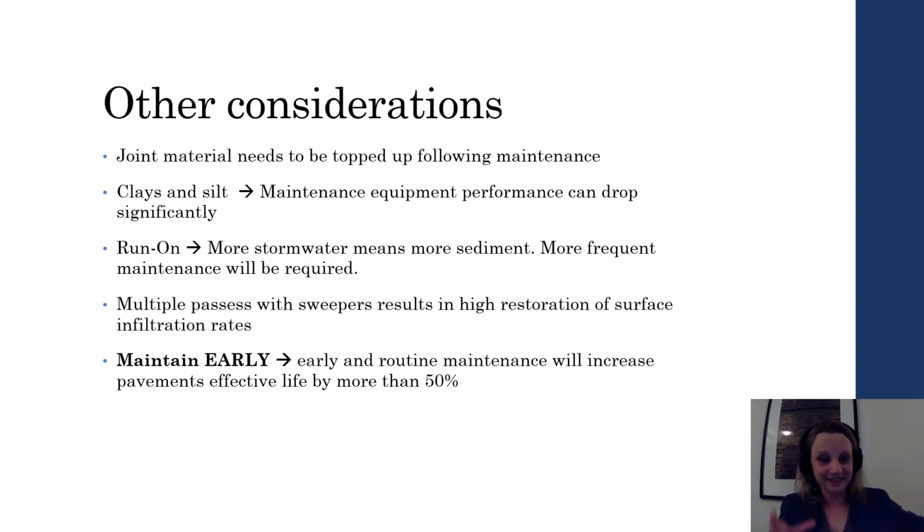And we did a similar kind of follow-up study on this, and we were able to see that the pavement's life would be increased by 50% by implementing more regular maintenance, even with a poor performing system, or even with the regenerative air street sweeper, which is not designed specifically for PICP maintenance, but is very readily available.